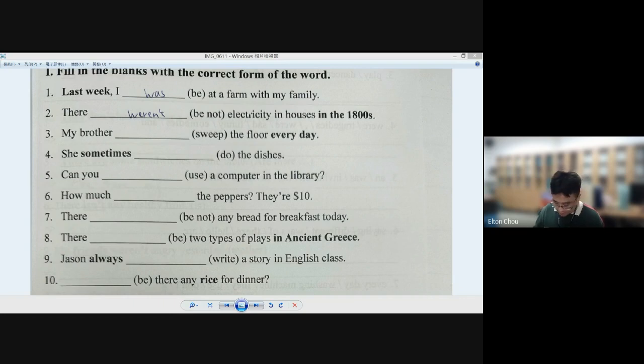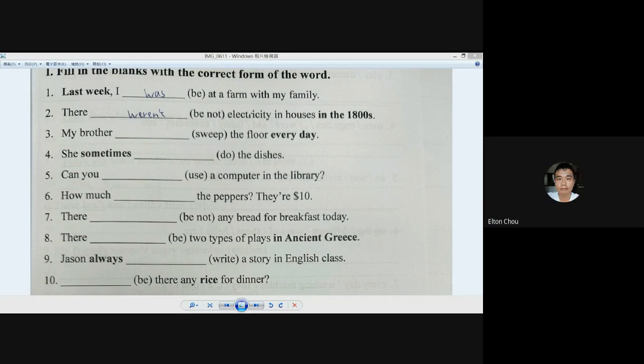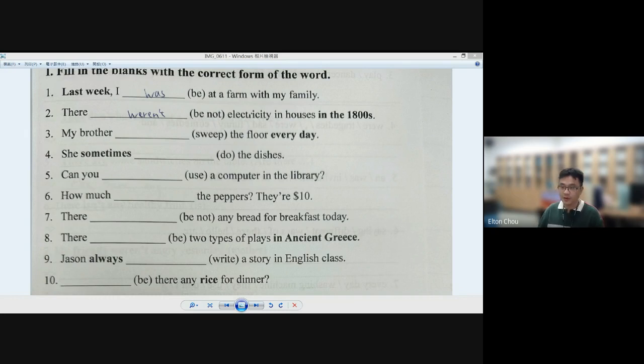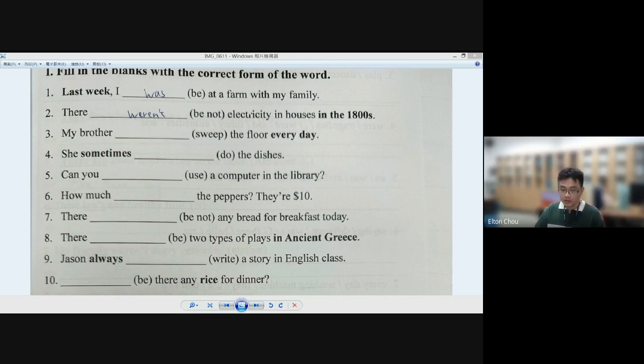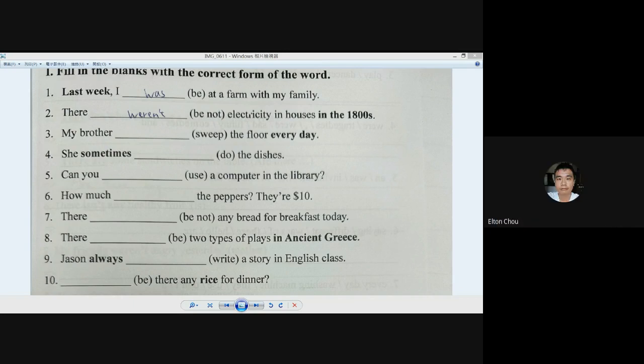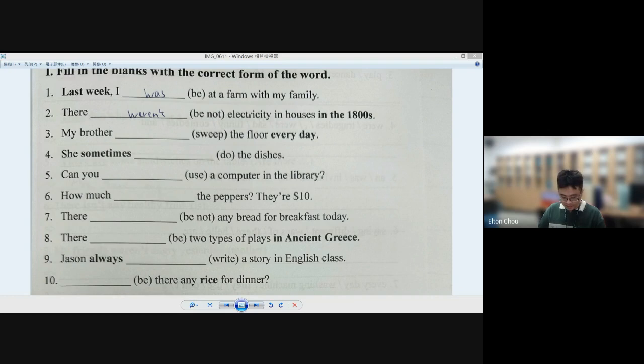This is number one, present simple. How about number two? We have now, at the moment, look and listen.